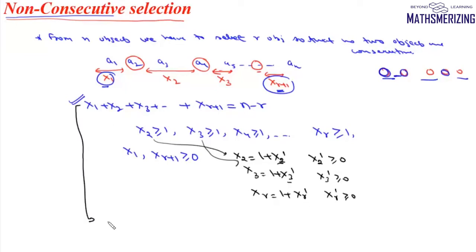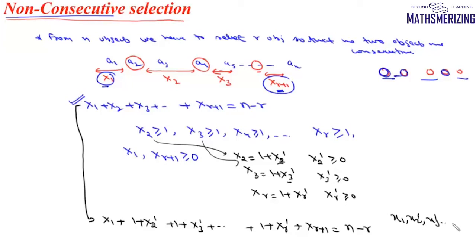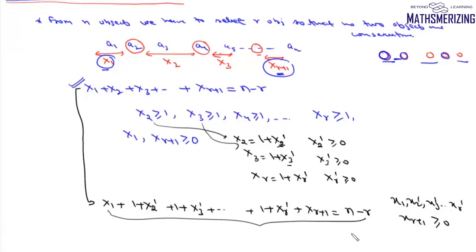So we can write the same equation as x1 plus 1 plus x2 dash, 1 plus x3 dash, and then 1 plus xr dash and plus x r plus 1, and it will be equal to n minus r. Now here, each of these variables, which are x1, x2 dash, x3 dash, xr dash and x r plus 1, are 0 or greater than 0. So basically we need to find the number of non-negative integral solutions of this equation.